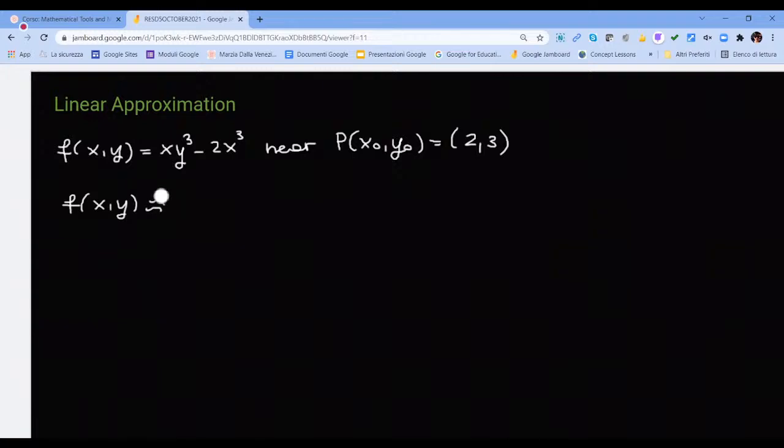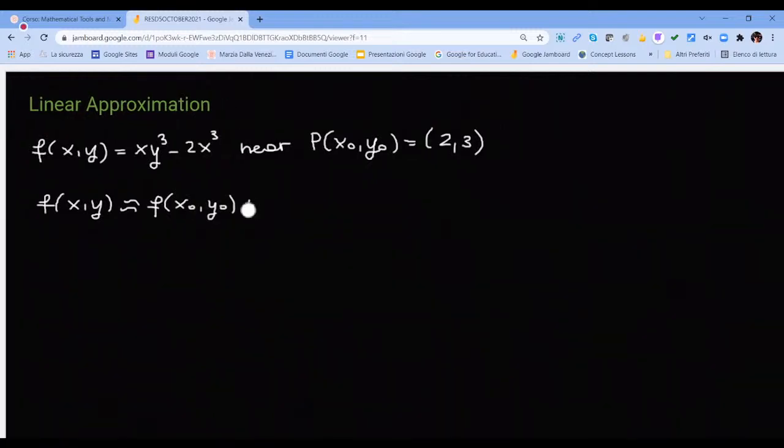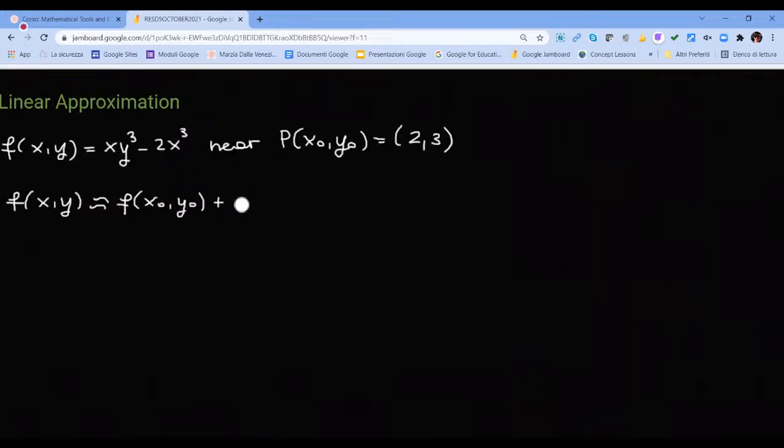First is the function computed at the point P, so f of x0 and y0, plus it should be a scalar product, but we will write it this way.